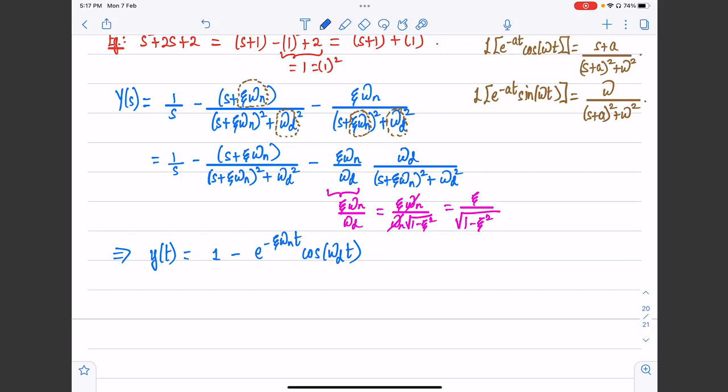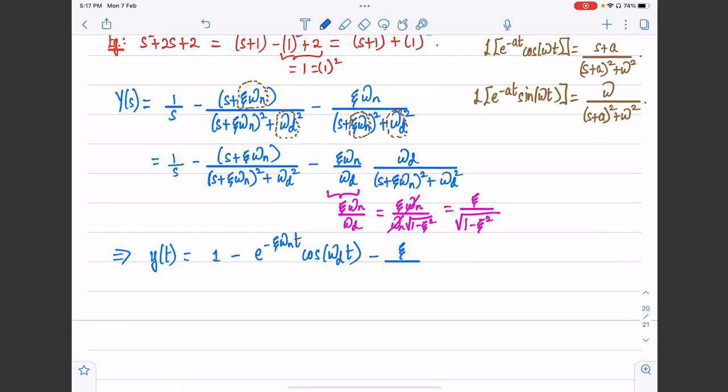If we look at the second one, we can also immediately rewrite it. That's going to be minus zeta divided by square root of 1 minus zeta square, e power minus zeta omega n t, sine omega d t.